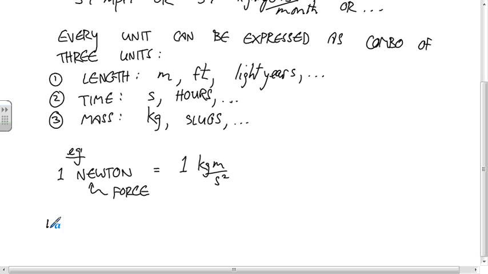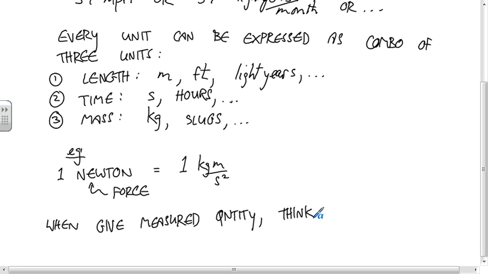And when you give a measured quantity, think of it as a number times the type of unit. So the number times the unit.